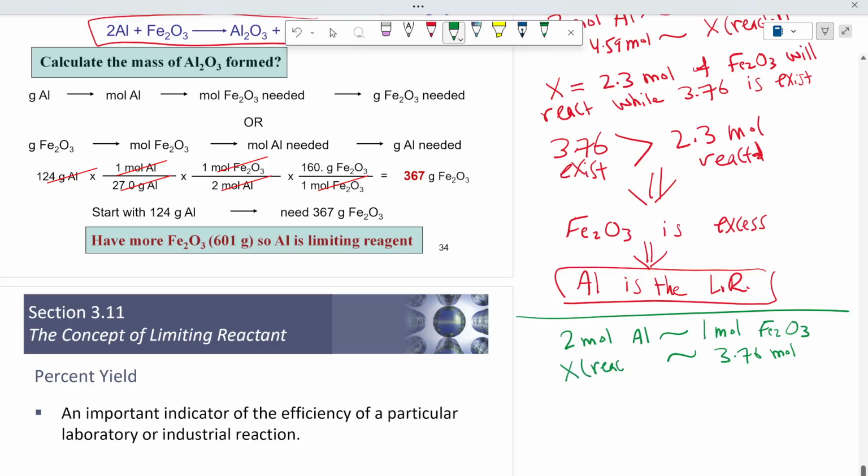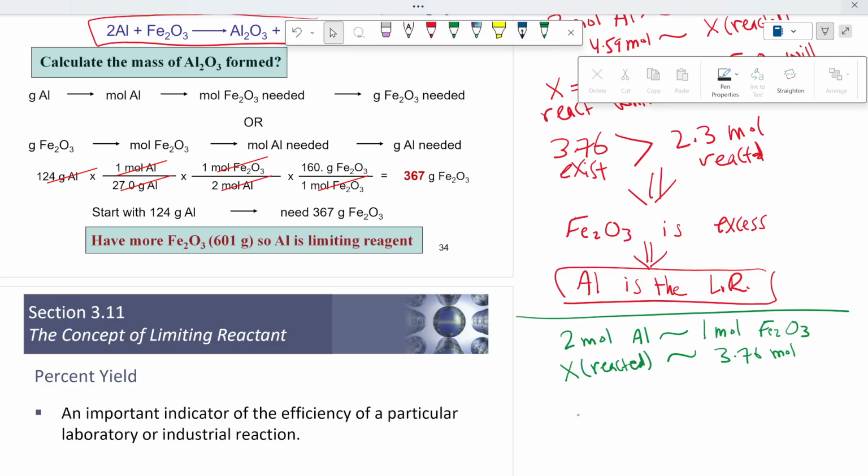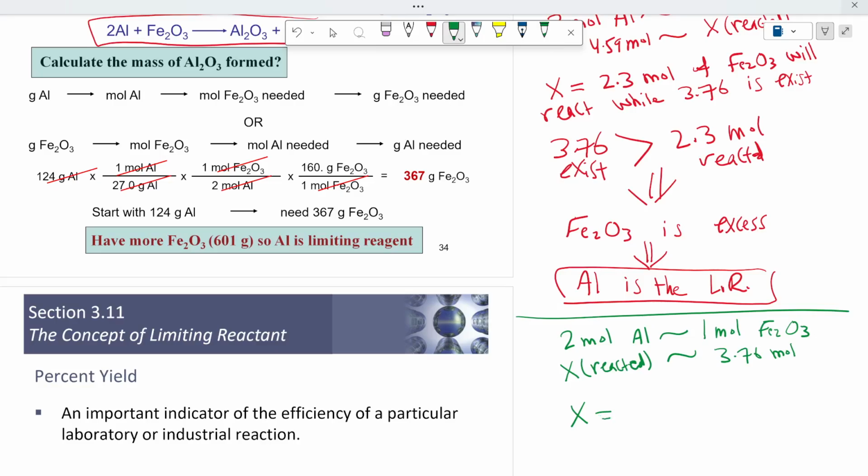These are the reacted moles of aluminum. So X by cross multiplication is 3.76 times 2, this is 7.52. So 7.52 mole of Al will react.